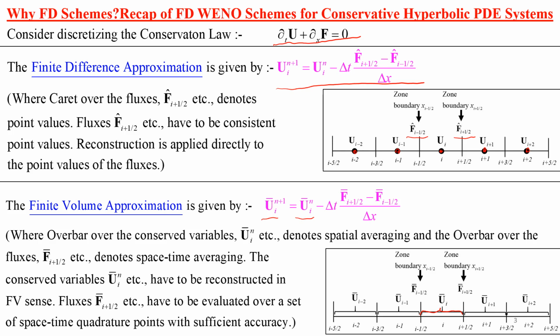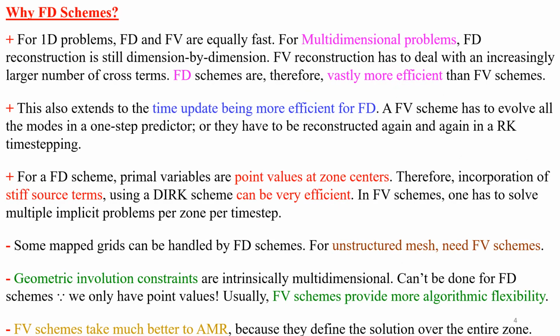Once you do that, you can do a space-time averaging in order to obtain these fluxes. The over bars in this formula are meant to indicate that the u bars are spatially averaged and the fluxes f bars are space-time averaged. So these are two very different approaches, and let's now view the strengths and weaknesses of these two approaches.